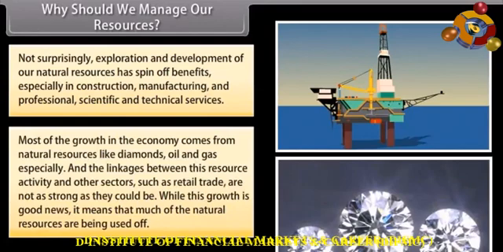And the linkages between the resource activity and other sectors, such as retail trade, are not as strong as they could be. While this growth is good news, it means that much of the natural resources are being used up. There are some resources which cannot be replaced, so it is our duty to take proper care of them.